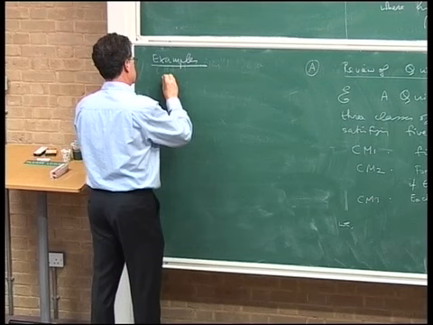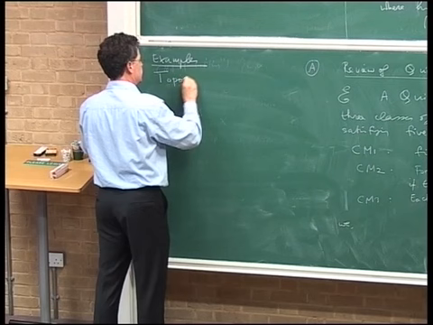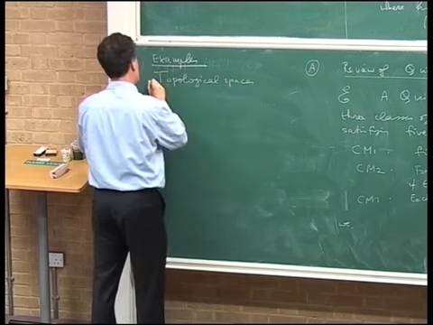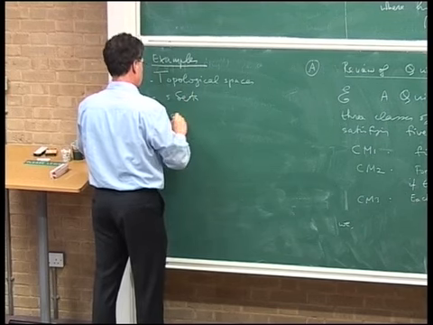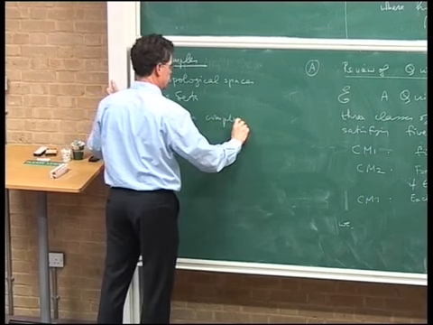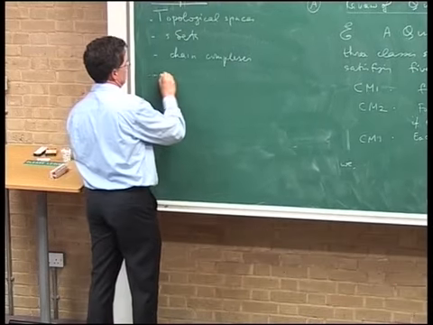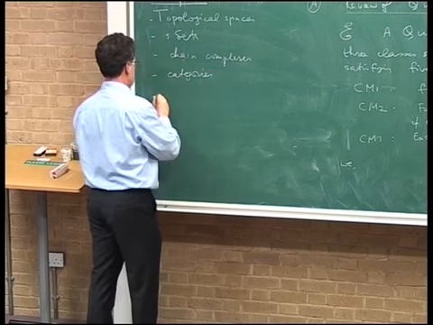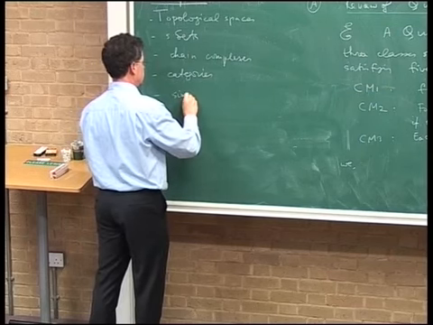Some of the basic examples, and I will not write everything down, I think, but topological spaces, simplicial sets, chain complexes, or cochain complexes, categories, simplicial groups, maybe.